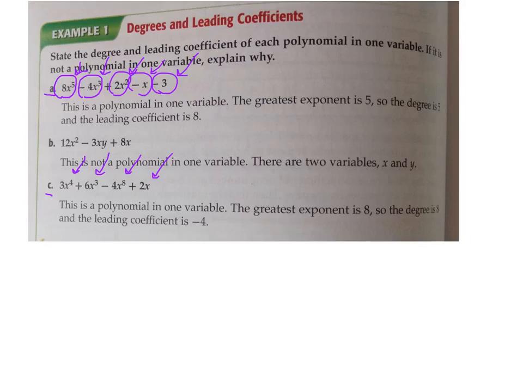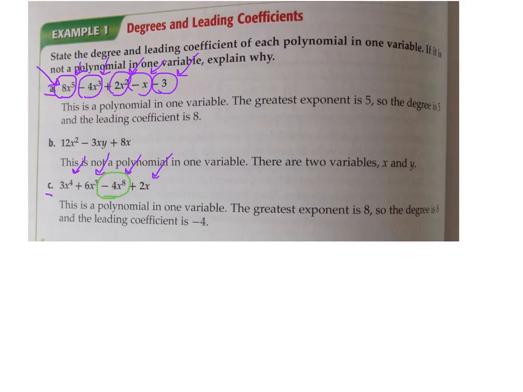The degree of polynomial A is 5, and the leading coefficient is the number that is being multiplied by that variable, in this case 8. Don't always assume it will be the first term in line. For instance, like C. C is also degree 8, but the leading coefficient is negative 4, even though it's the third term in. Placement doesn't matter as far as the degree and the leading coefficient goes.